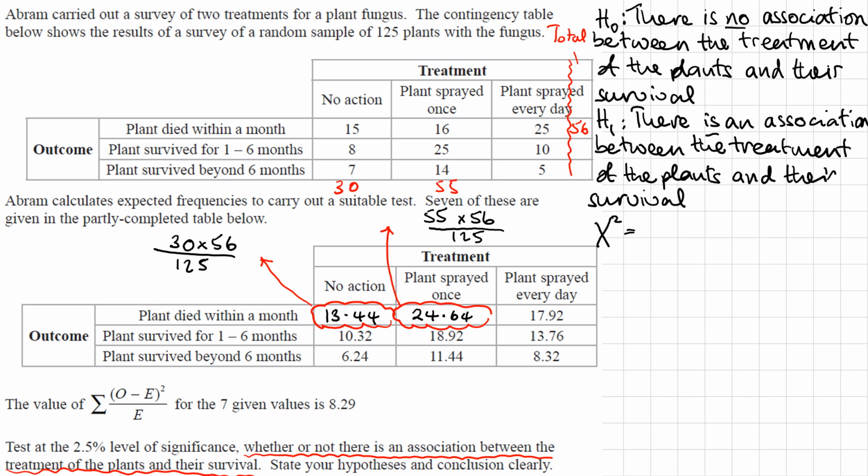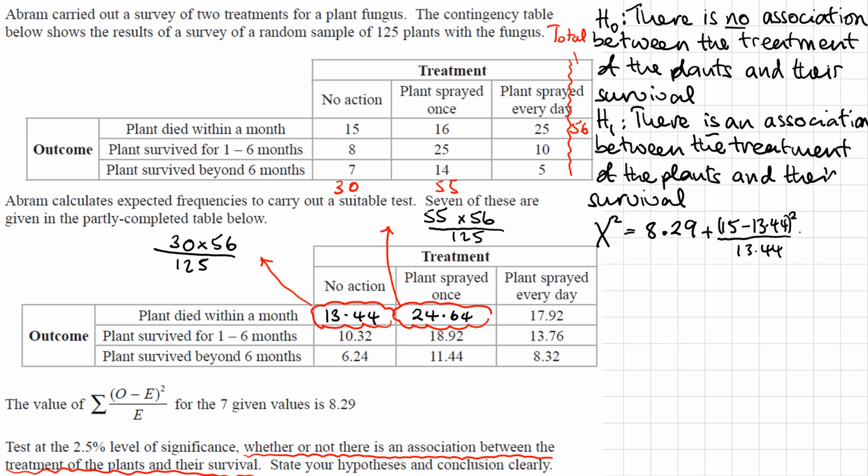We've already got the sum of 7 of the values using this formula here. That's 8.29. What I need to do is continue to use the same formula, but for the remaining 2 cells. So I need to add to this the observed minus the expected, all squared, divided by the expected. The observed for this cell was 15, so it's 15 minus 13.44, all squared, divided by the expected, which is 13.44.